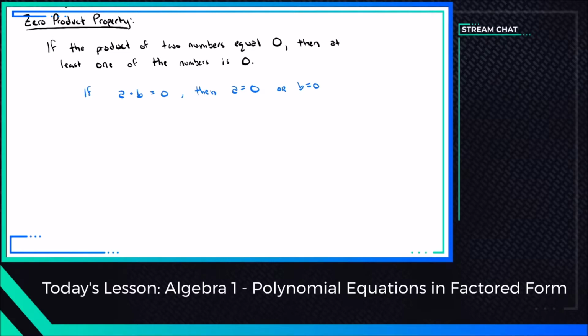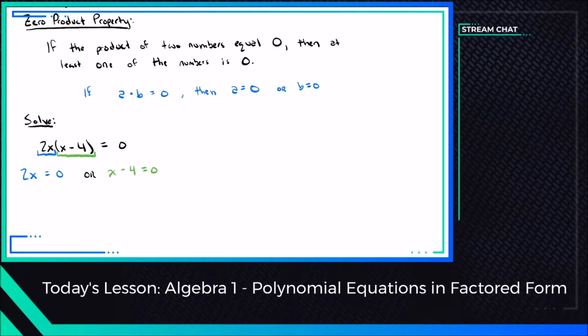What I'm saying now is we could take something like this and solve it. Let's look at 2x multiplied by x minus 4 is equal to 0. Since this is equal to 0, we know that either 2x, this factor right there, is equal to 0, or this other factor, x minus 4, is equal to 0, because when they multiply together, they equal 0. It's the same thing as here: our a is 2x, and our b is x minus 4.